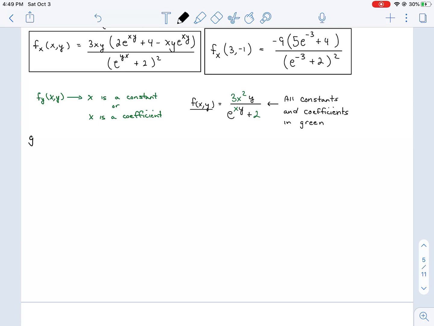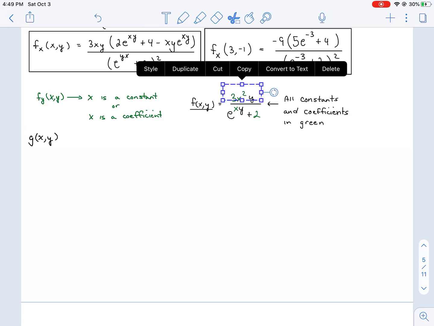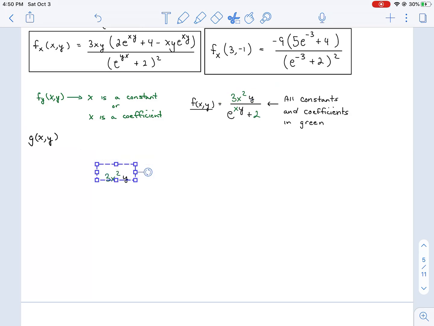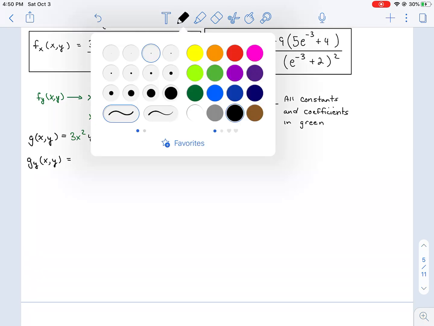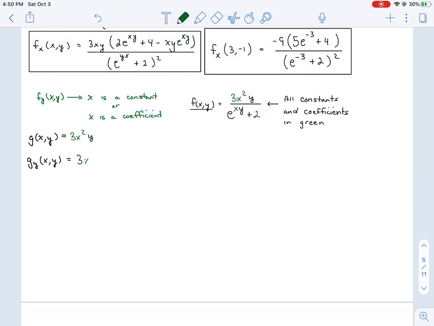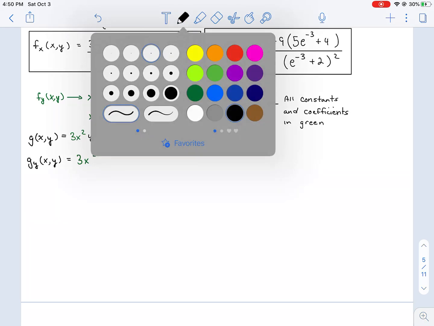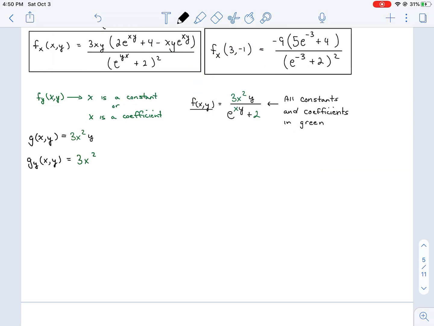So here we go. So for the numerator, it is still the same. But now we want the partial derivative with respect to y. And in this case, that is just 3x squared. We're going to label the denominator m again.